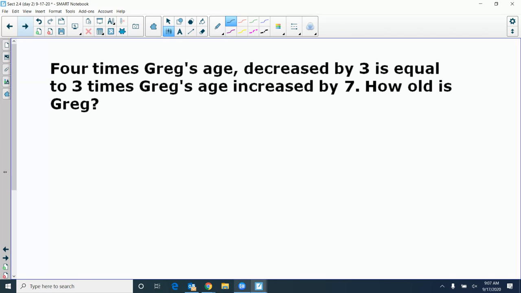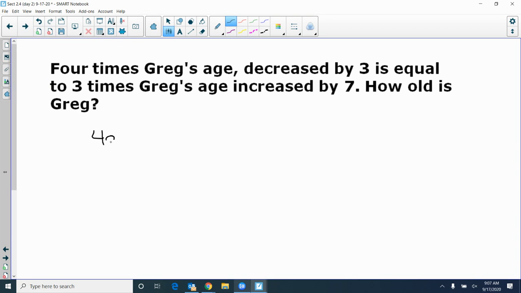Whenever you subtract, whenever you do that line... No, we got 7. Evan, how old's Greg? So we don't know how old. 10. Good. What was your equation you wrote down?